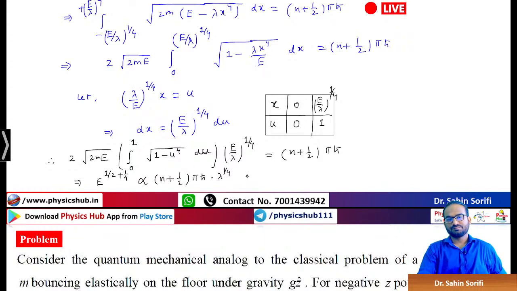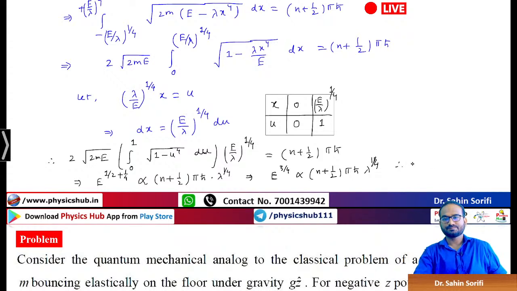So you can see E to the power half plus 1 by 4 is equal to 3 by 4. E to the power 3 by 4 is proportional to (n plus half) into pi h cut to the power lambda by 4, 1 by 4, and hence your energy E is proportional to (n plus half) to the power 4 by 3.